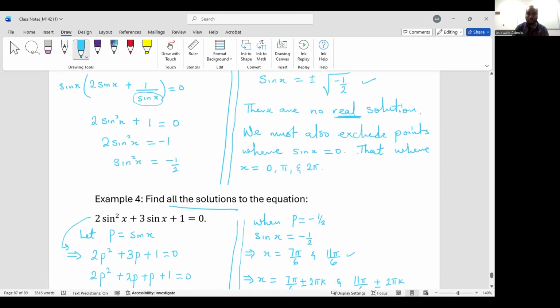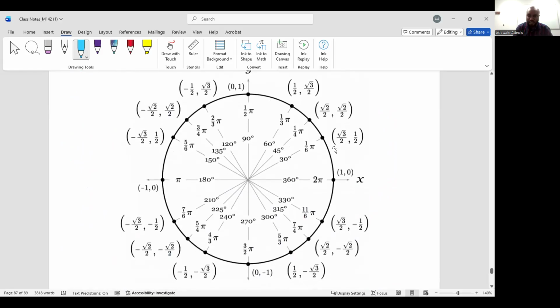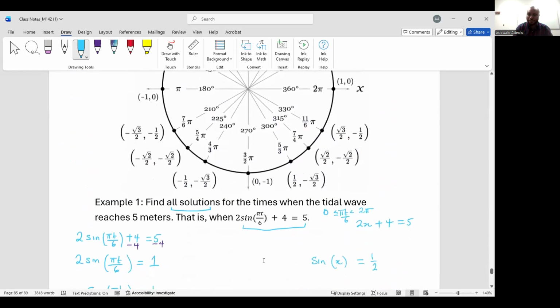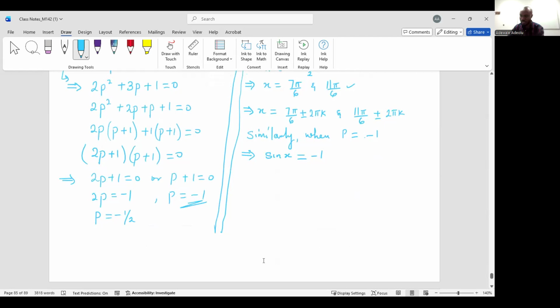In the unit circle, let's quickly return to that. When is sine negative 1? Not here, not here, it is here. Sine is negative 1 there, so that is at 3/2 pi. So that happens at just that one point. That implies that x equals 3 pi over 2. That is where it happens.